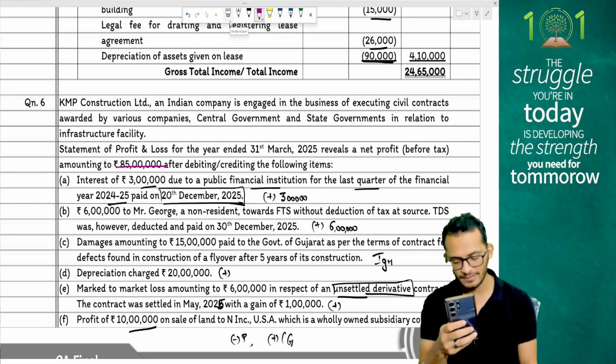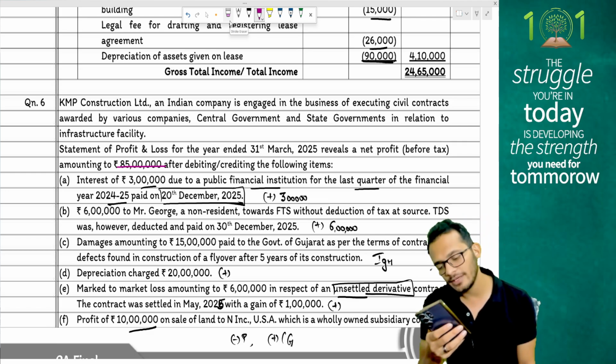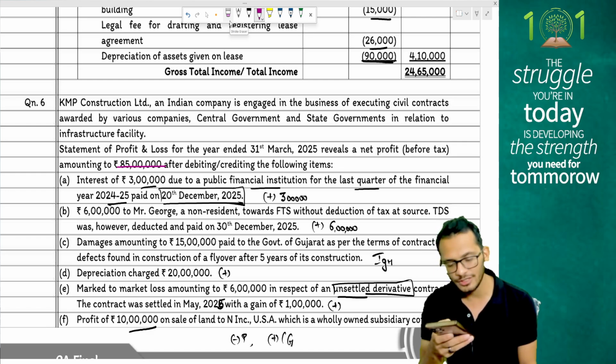Since rupees 3 lakhs has only been paid on 20 December 2025, it shall not be allowed as deduction.